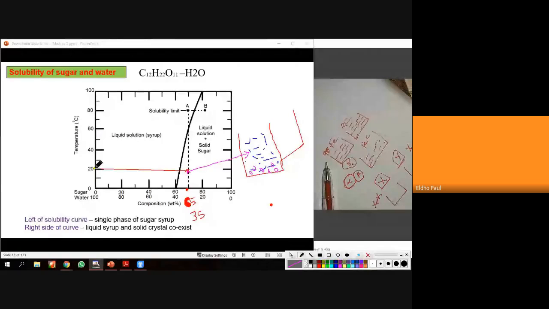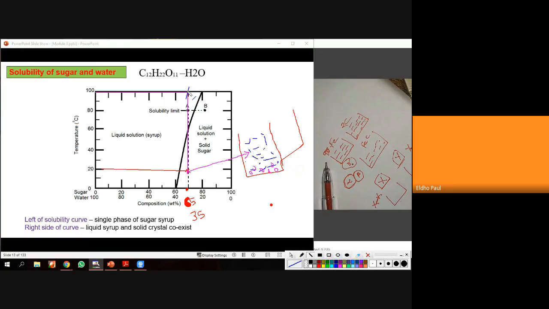Next, I am going to change the temperature from 20 degrees Celsius to 100 degrees Celsius. When I change from 20 to 100 degrees Celsius with the same composition, that means 65 and 35, this point is shifted to this point.